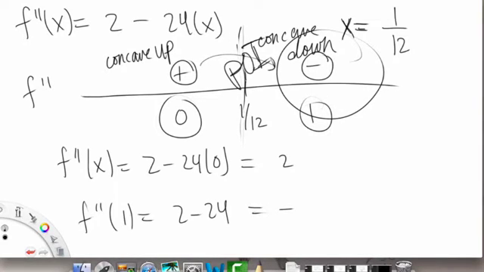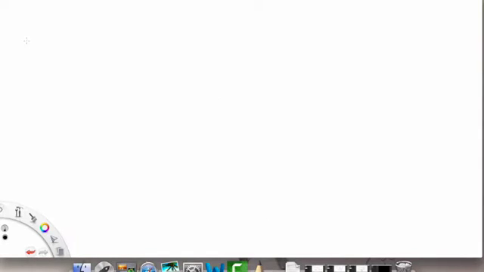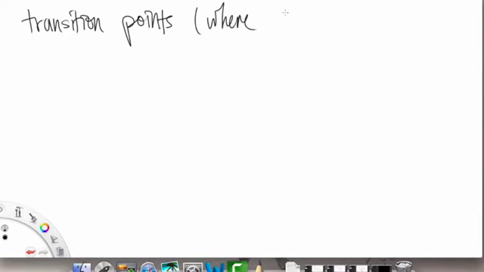Now let's put together everything that we have discovered. Our transition points are the points where either f prime or f double prime changes signs.